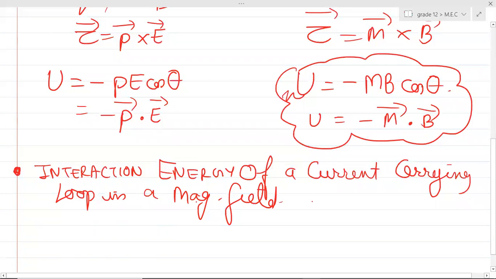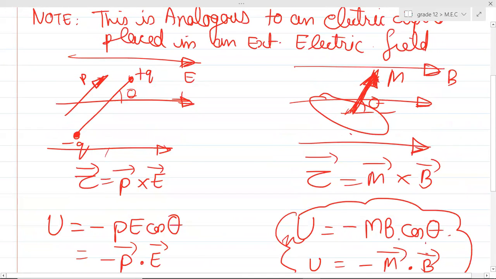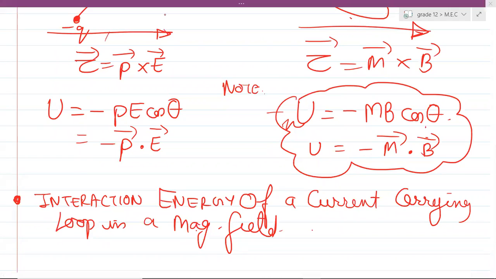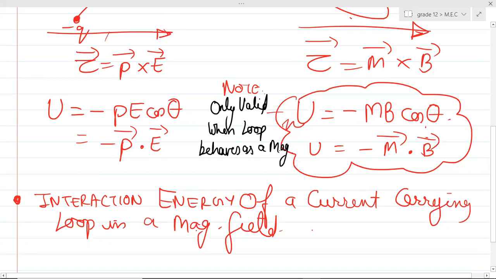Please remember, this thing is only possible, so you write the condition. This is only valid when you have a magnetic dipole.